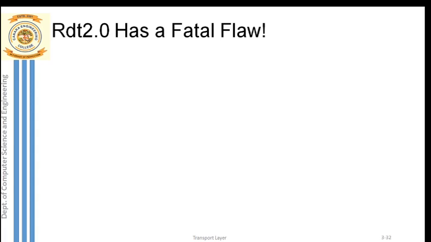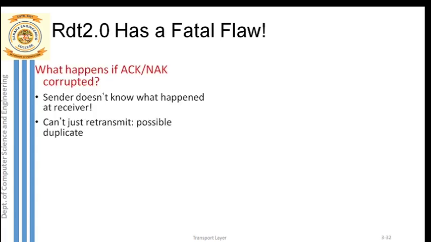But RDT 2.0 also has some disadvantages. What is that disadvantage? One of the disadvantages is that here we have dealt only with whether the data is corrupted or not. But what happens if the acknowledgement gets corrupted?